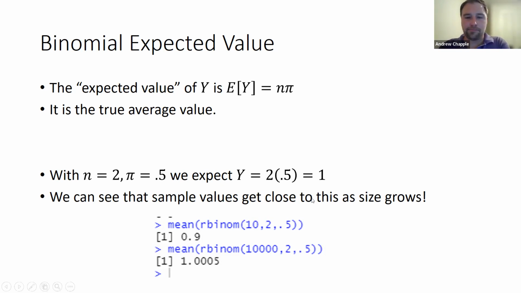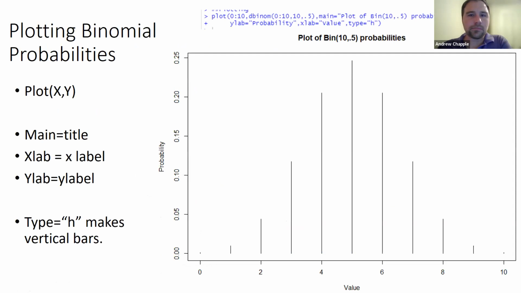And you can see that as you get more and more observations, you sample more. So here's 10 times I do this experiment. Here's 10,000. As I get more and more, I should get closer to this true value. I can plot these binomial probabilities using this code at the top. This is the first introduction of plot here.